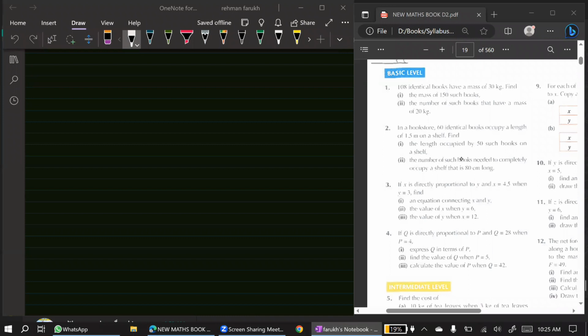Beta ji, today we will start variations. There are two types of variations. Number one is direct, directly proportional.